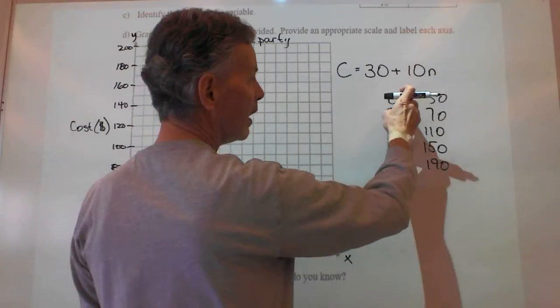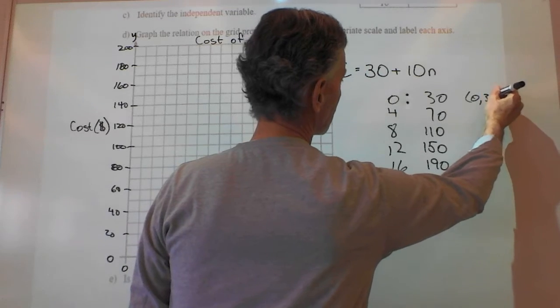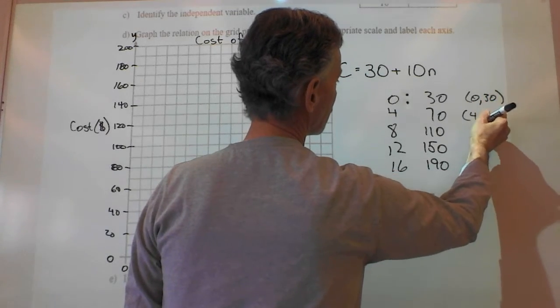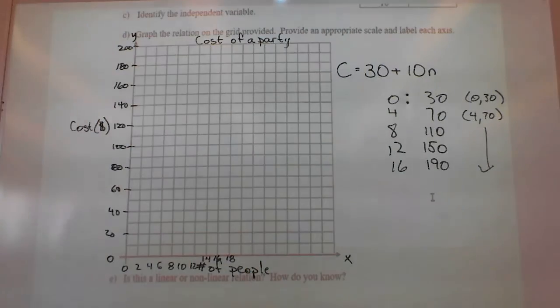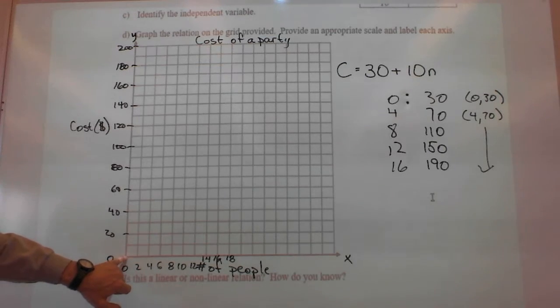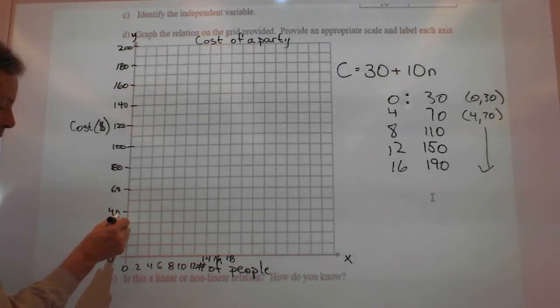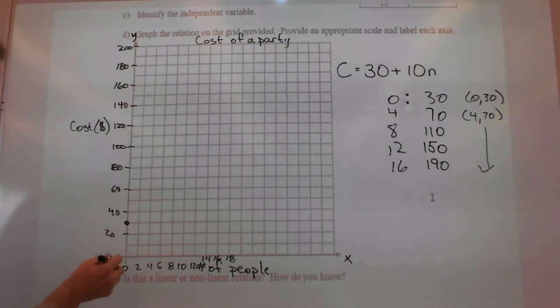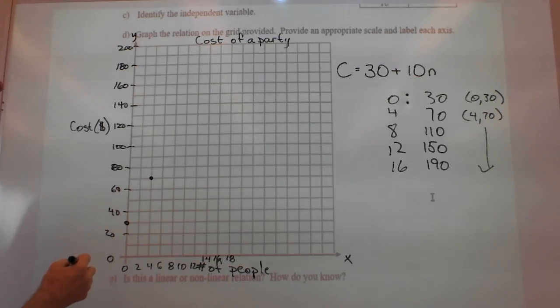Now remember, each of these forms an ordered pair. So the first one is 0 and 30, the next one is 4 and 70, and so on. So we'll just plot those really quickly. The first one is 0 on the x, 30 on the y, so it comes in right here. The next one is 4 on the x, 70 on the y, and so on.